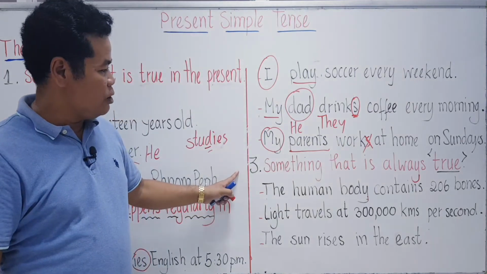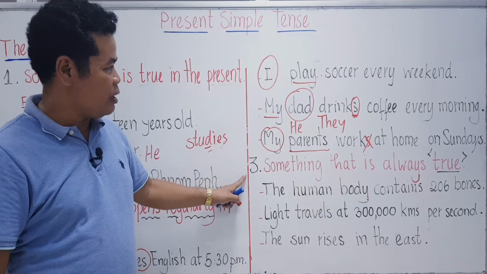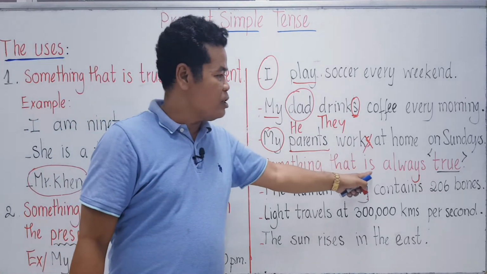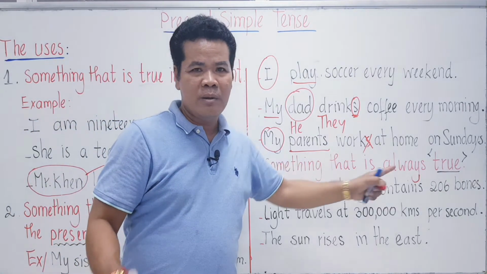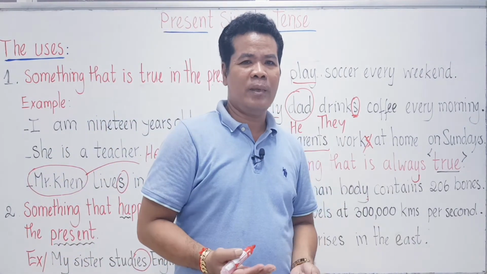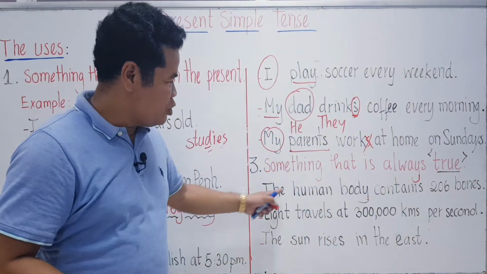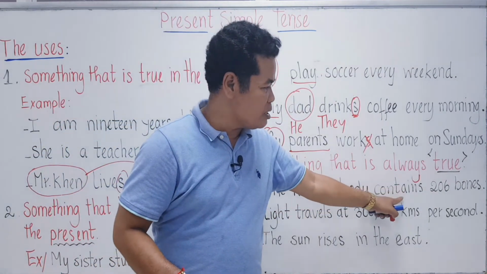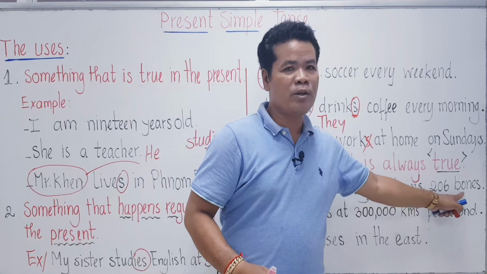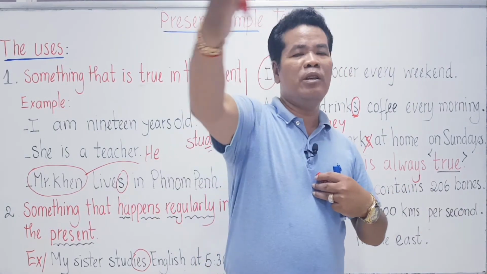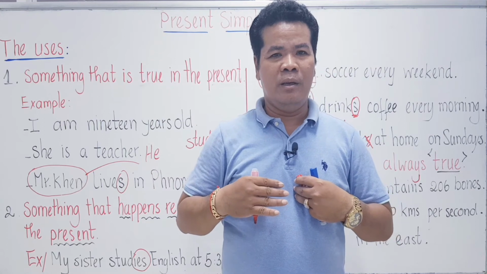Now look at use number 3. Number 3, we use the simple tense to talk about something that is always true, not changing, just always like a nature. For example, the human body contains 206 bones. Even me, even all the people in the world, okay?